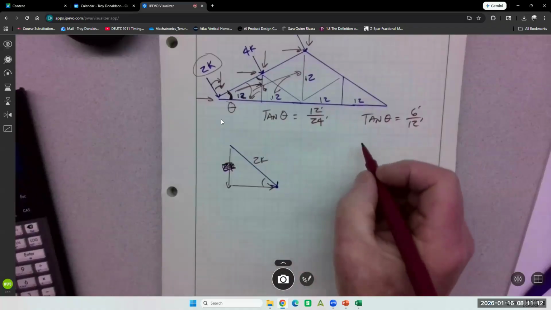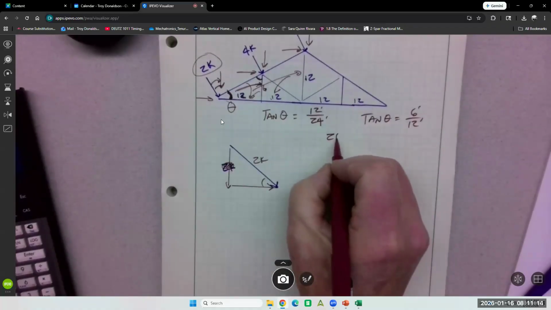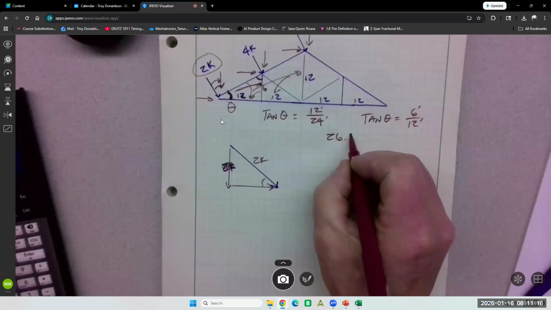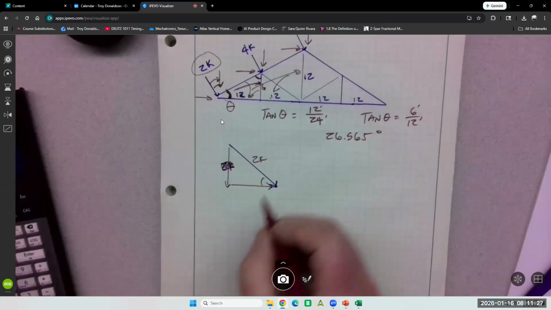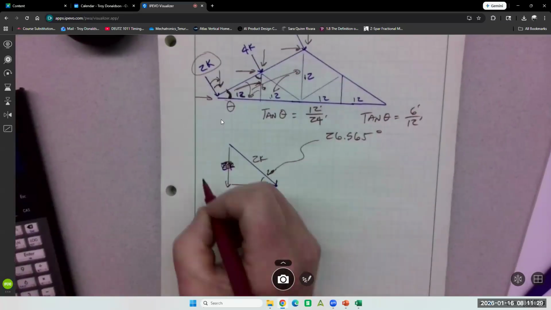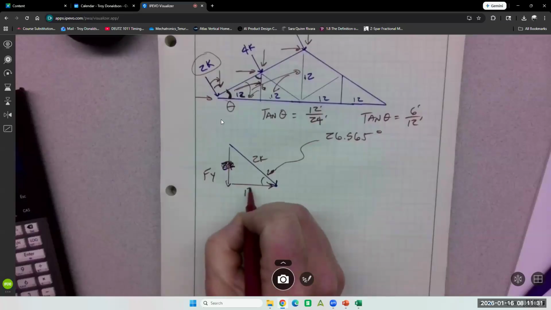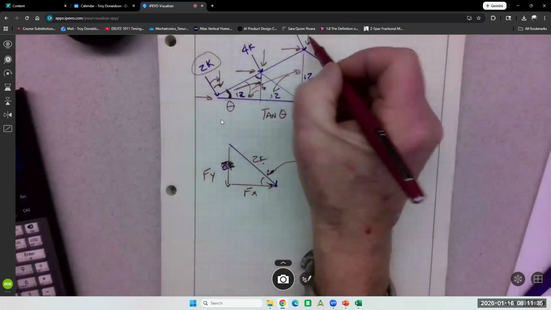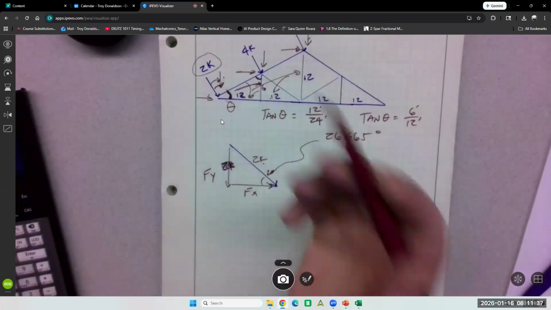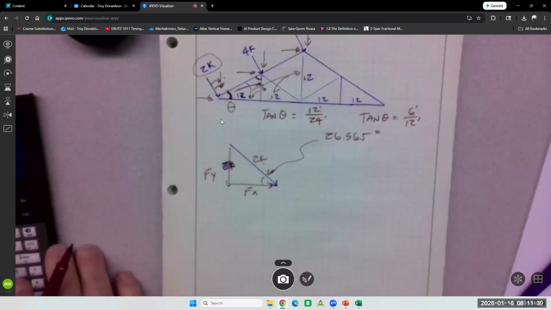I got 26.565. Yeah, should work. Agrees. So then that is here. And then we can go for our Fy and our Fx of the 2K, which will be here and here because the forces are at the same angle.